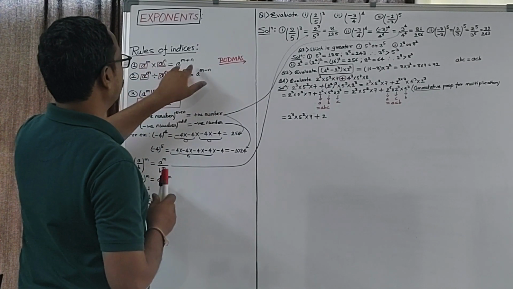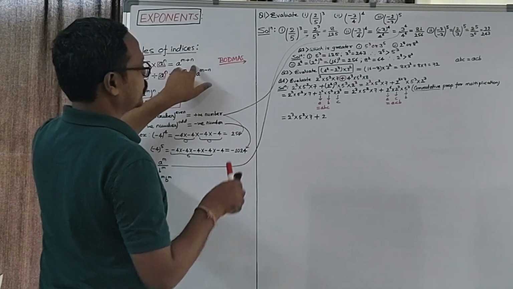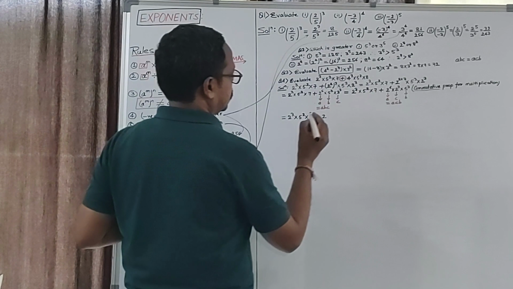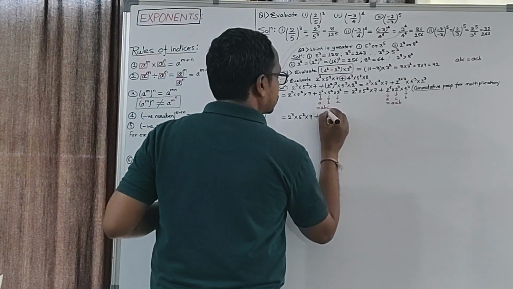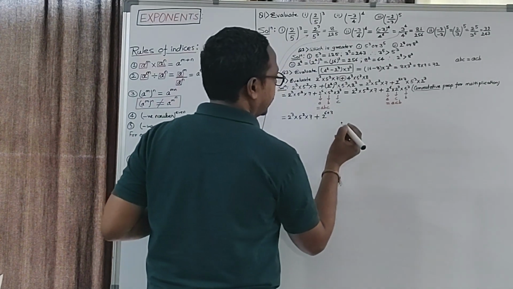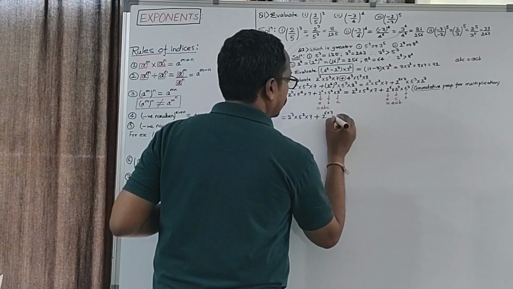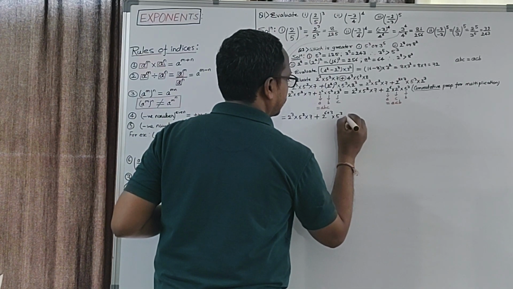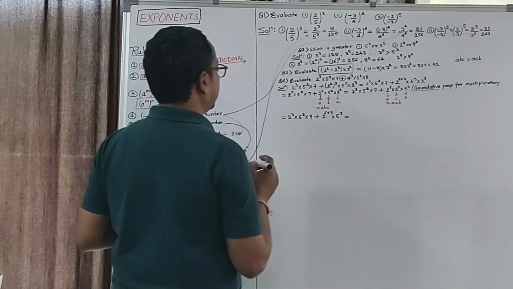So in that case, what do we do? We add the exponents. So just in order to add that, we are using this: 2 to the power 6 plus 3, into 5 cube. We'll be adding in this form. So how did this happen?